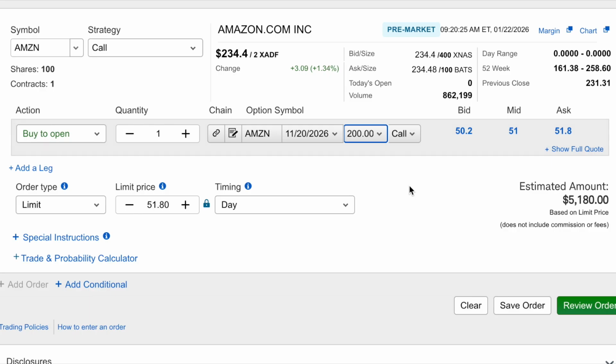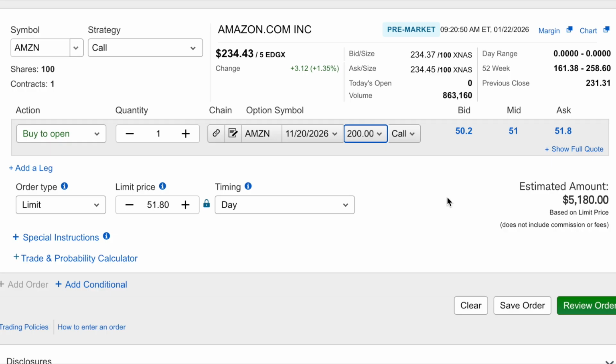But then notice there's still several months on this option. So it costs more than $3,500. It actually costs $5,180. To understand what the time value is in this option, you simply subtract the $3,500 in intrinsic value from 5180. So there's $1,680 of time value wrapped into this option.